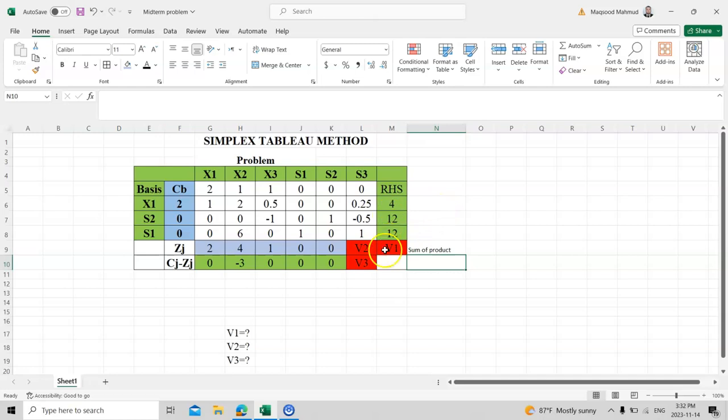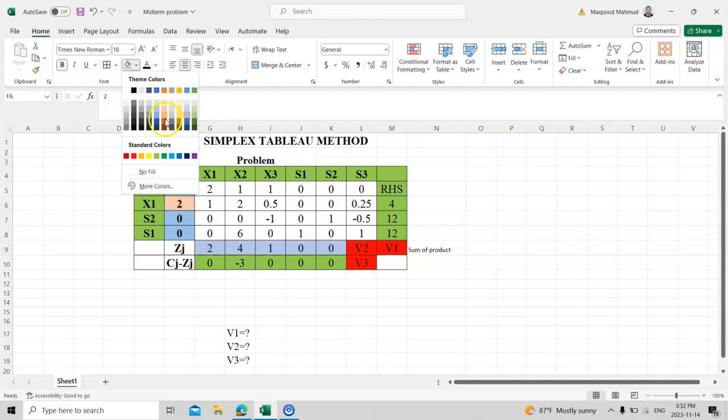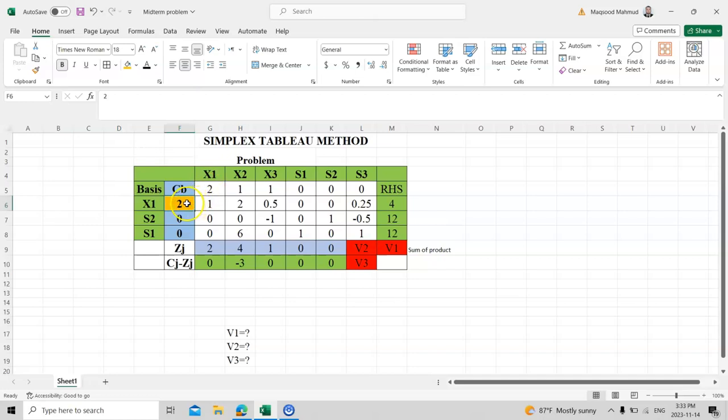To find the value of V1, I need to pick this element, and I make it a different color so that you understand it. I multiply this element with this element. So 2 multiplied by 4 becomes 8.